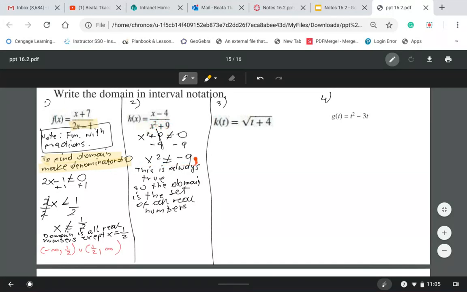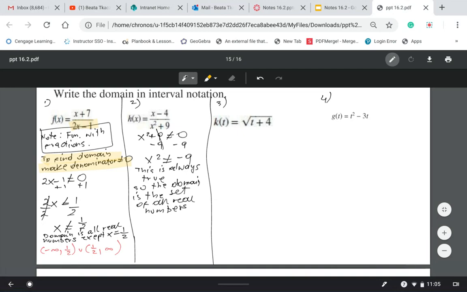And how do I know that? Because when I set up the condition that the denominator can never be equal to 0 and tried to solve for x, I ended up with something that is always true: x squared not equal to negative 9, for any real number. So the domain is the set of all real numbers.